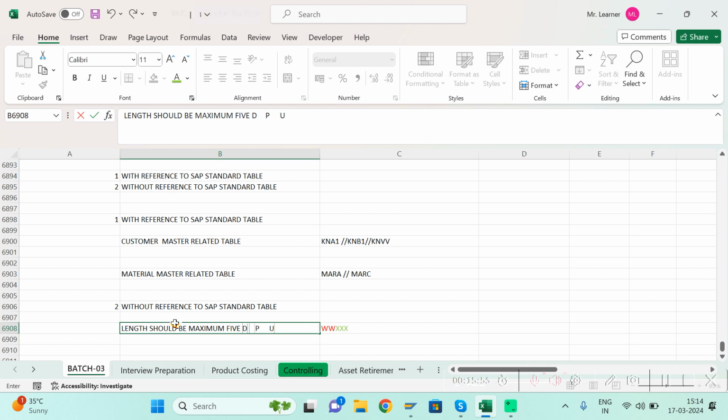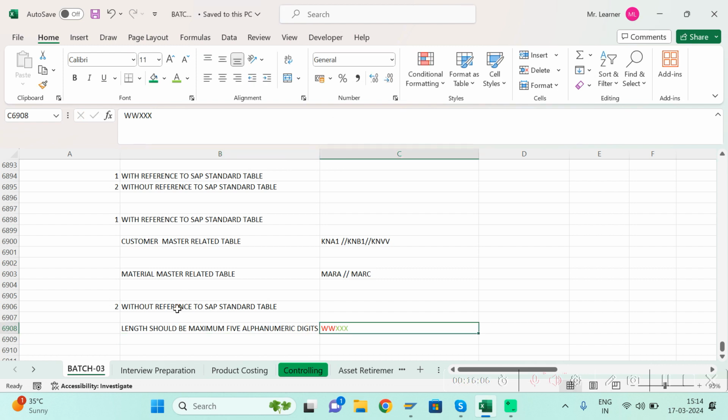But when you are creating any characteristics, it should start with WW, if you are creating any non-fixed characteristics without using the standard table.